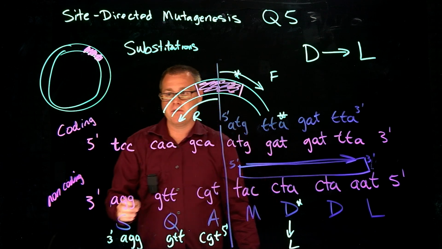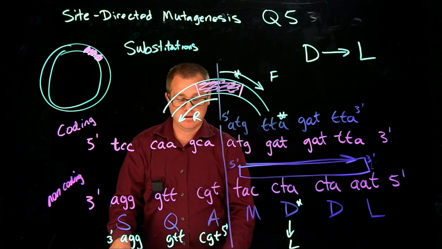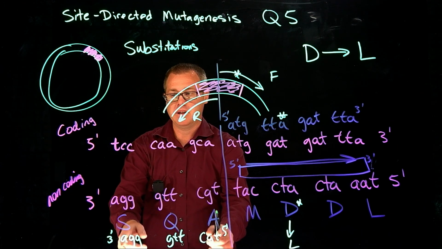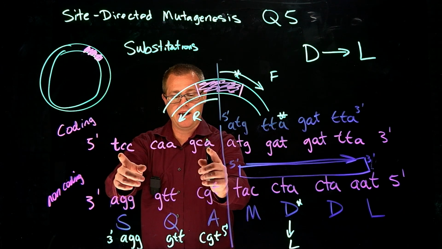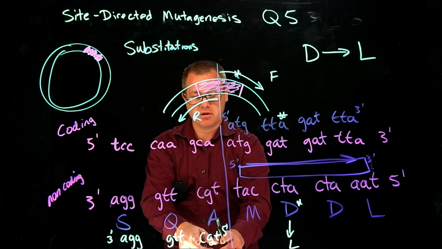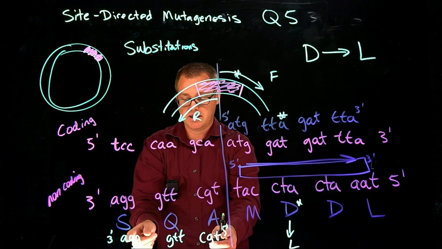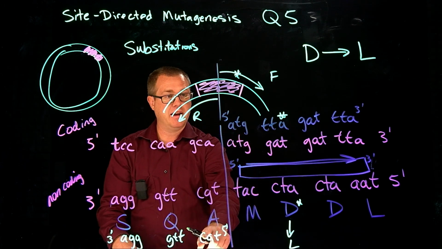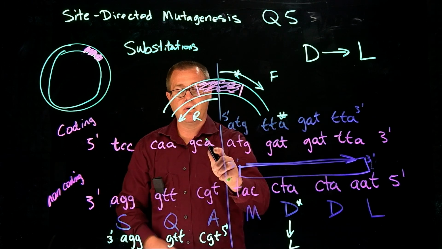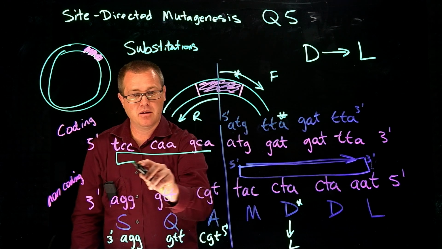But where does that reverse primer anneal? That reverse primer is going to anneal to the coding strand. Do you see how that's complementary? G to C, C to G. So this primer right here that I have in green is going to anneal right here.